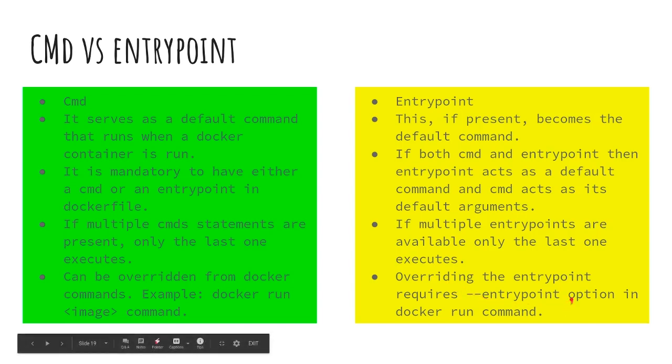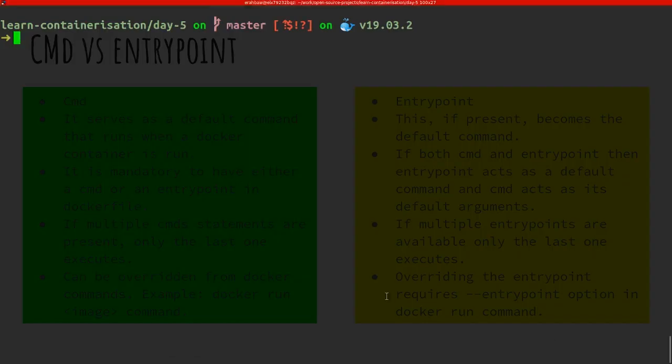This requires an --entrypoint option in the docker run command. So let's see how to override an entry point from the command line. We have already seen that we can override a CMD when we write anything at the end of docker run. That becomes a command and replaces the command inside a Dockerfile. Now let's see, can we do this with an entry point or not?